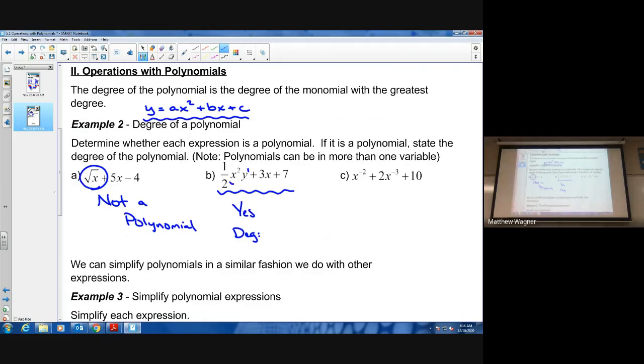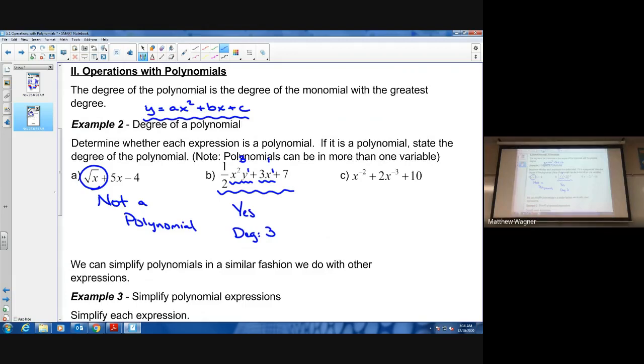If I have a polynomial that has multiple variables, the degree is going to be the highest sum of powers. So in this case, I have a sum of 3, and here I have 1. So the highest sum of powers is 3, which means this is a degree 3 polynomial.